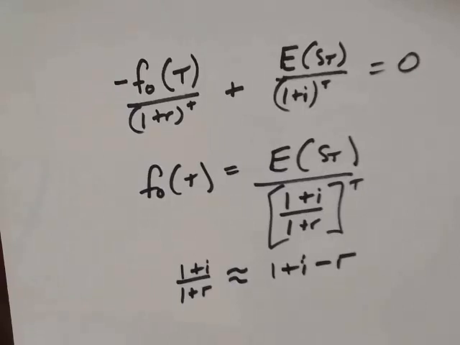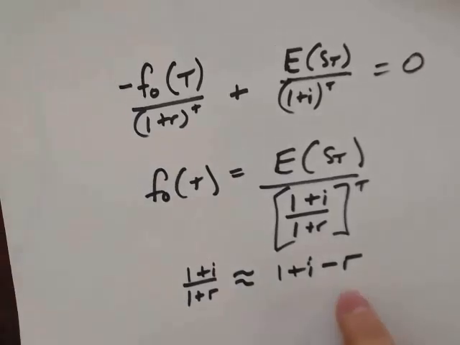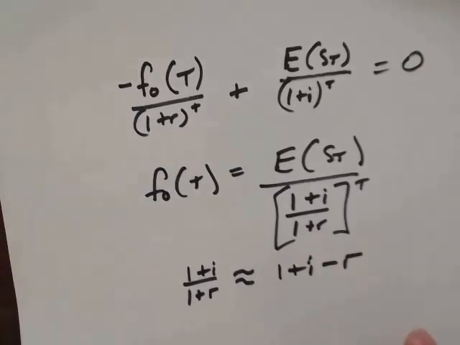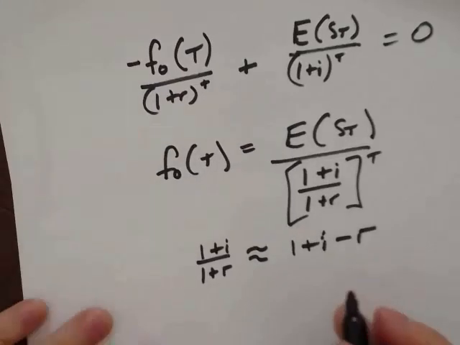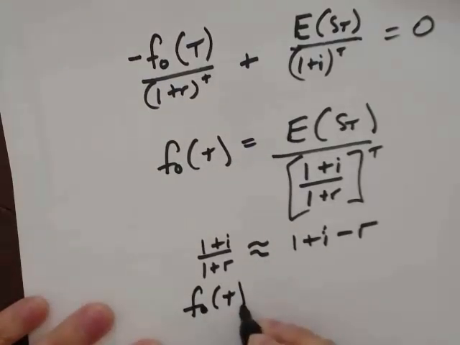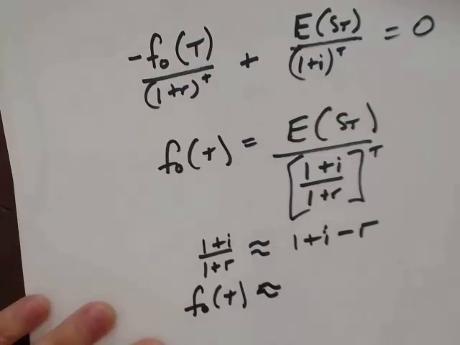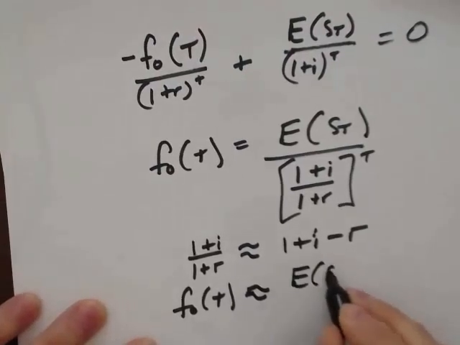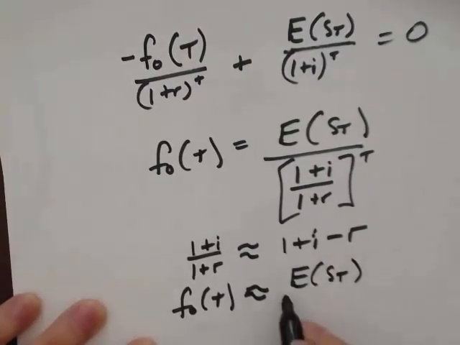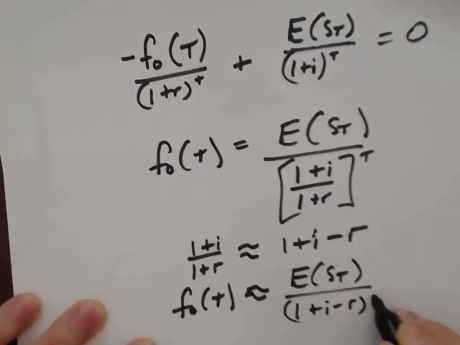Just run some examples when interest rates are low, and you'll see that that's a reasonably good approximation. Okay, so therefore futures prices today are approximately equal to the expected spot price discounted by (1 plus I minus R) to the T.